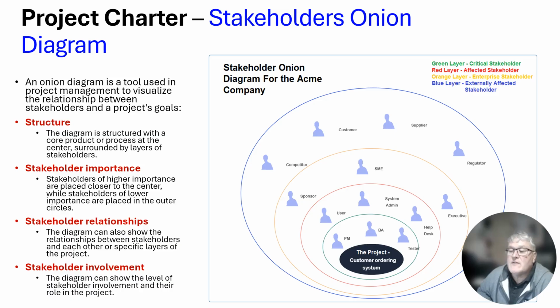The red layer is affected stakeholders. The orange layer is enterprise stakeholders, so somebody within your organization that you have interactions with. And then finally, the external is the blue layer, the outside layer. And this is done to help with analyzing stakeholders and how you need to communicate with them and when you need to communicate with them.